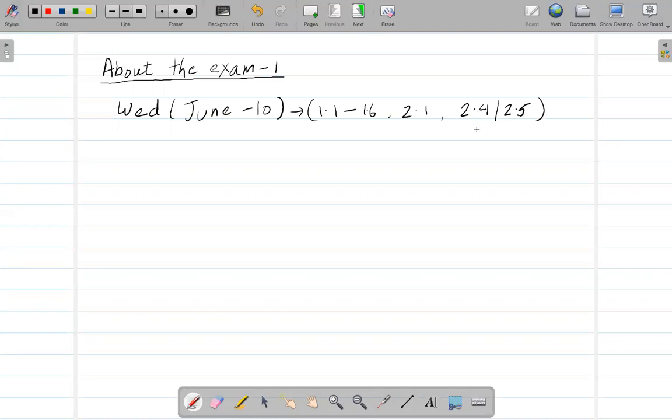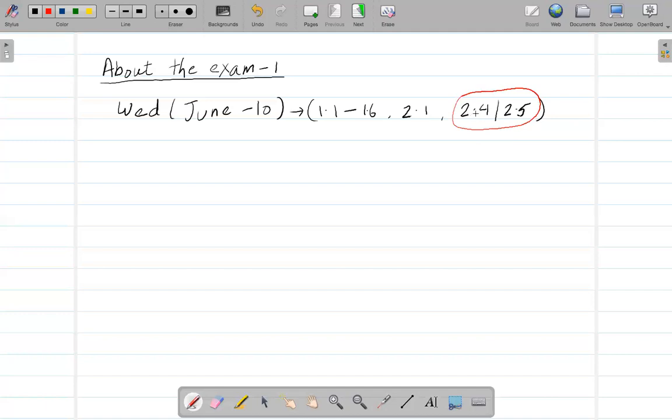And if you see our tentative schedule, I think this section is not there. Now if you check the updated schedule, because I updated it, I've included this section in the schedule. This section will also be part of exam one.